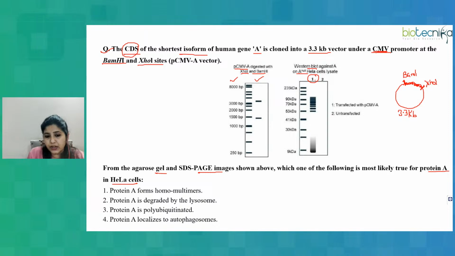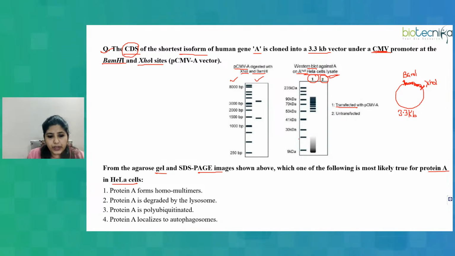The first column indicates the cells transfected with this vector, and the second is for untransfected. You can see some bands when the HeLa cells are transfected with this vector, and for untransfected, no bands are seen here.